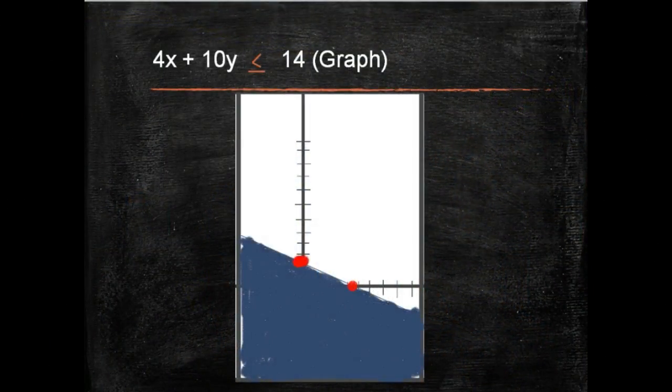In this case, it says it's true because 0 is less than or equal to 14. Since that's true, we're going to shade the part which has the origin, which is at the middle of the Cartesian plane.